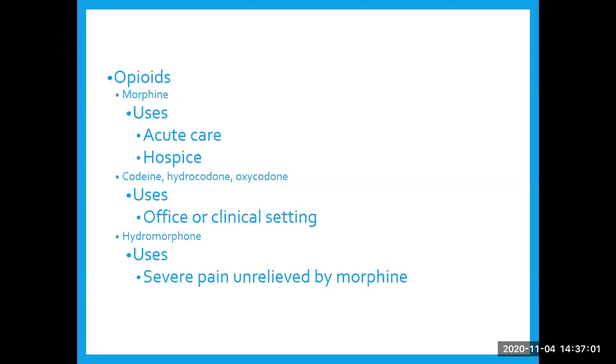For example, codeine can be used as a cough medicine. Some of these medicines are used for post-op pain and also for labor. But you have some other ones, like for example the fentanyl patch. That's an extended-release transdermal patch that's usually used.